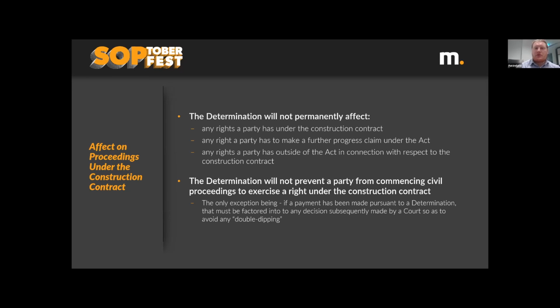The determination will also not prevent a party from commencing separate civil proceedings to exercise a right under the construction contract. The only exception is that if a payment has been made pursuant to a determination, that must be taken into account in any proceedings that are brought, so as to avoid double dipping, claiming the same amount in two separate ways.